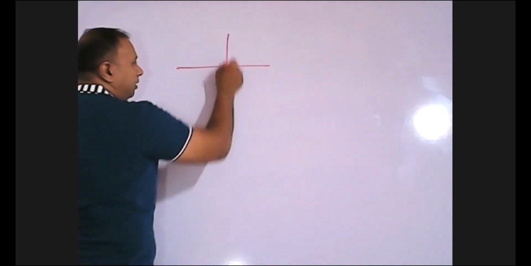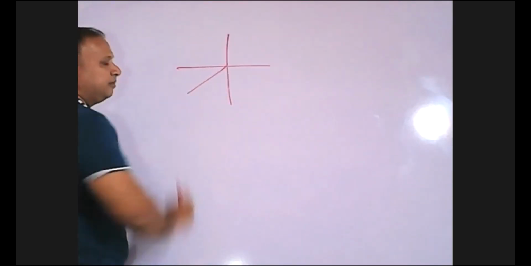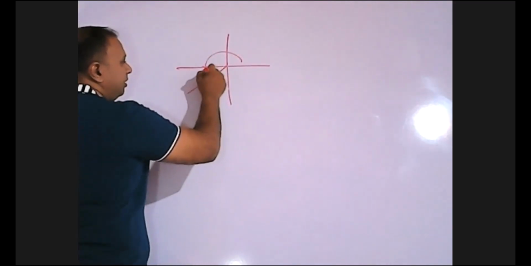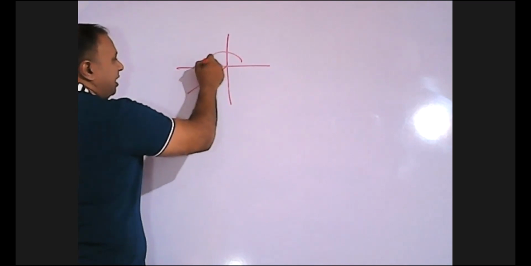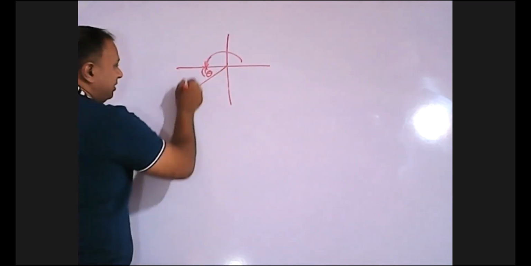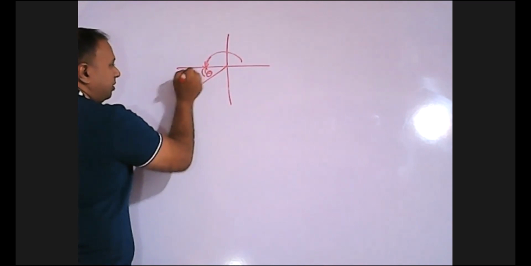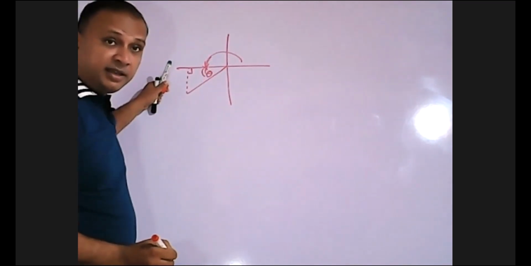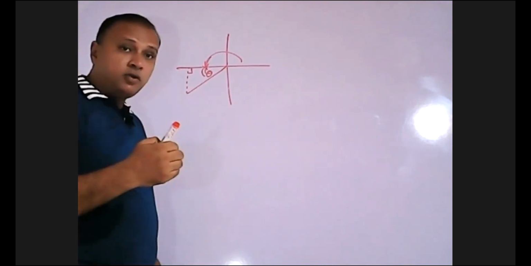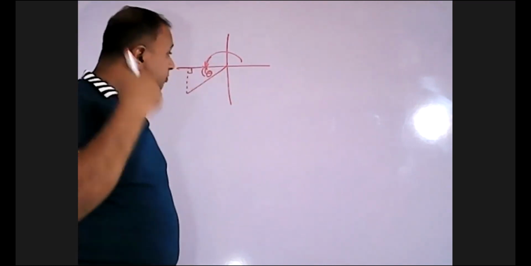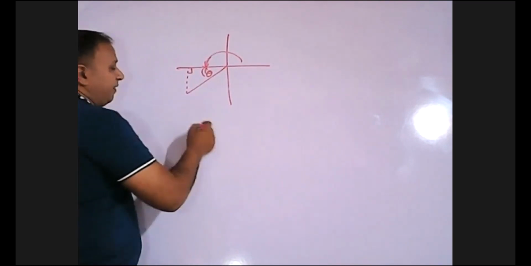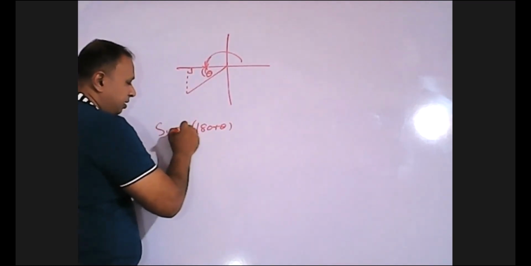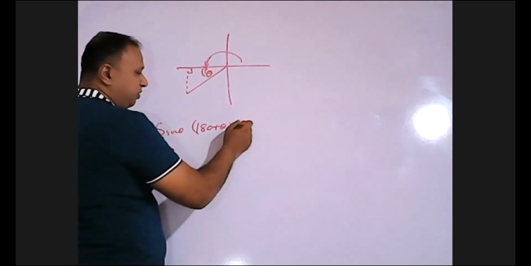Can you remember how to derive those things? For 180 plus theta, we constructed a right angle triangle and defined sine of 180 plus theta using a unit circle.